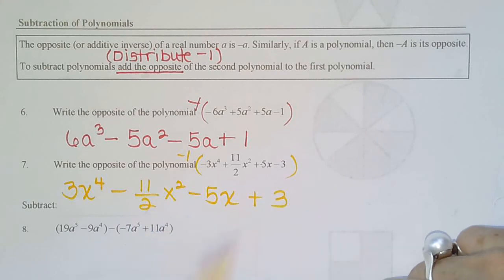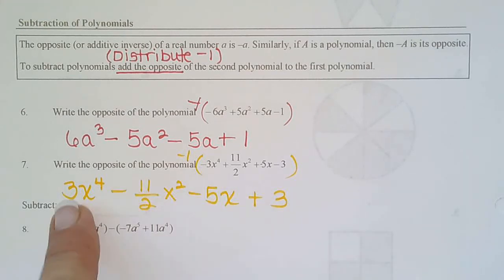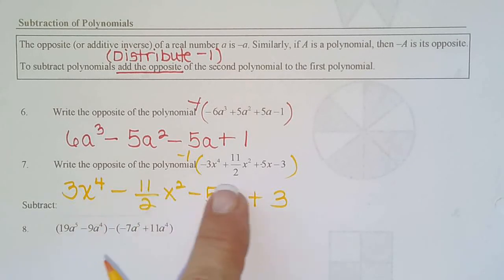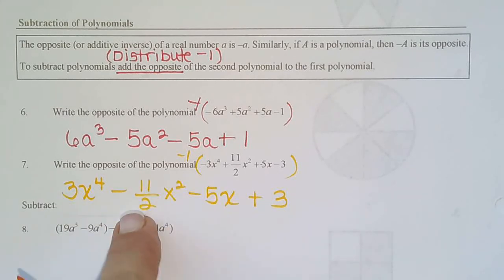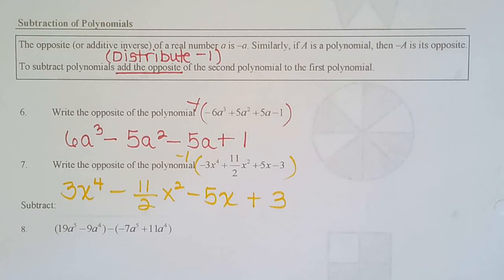So again, notice that doing the opposite, all it does is go in and change the signs from negative to positive, from positive to negative, positive to negative, negative to positive. That's all opposite is, change the sign. Just like when we were doing perpendicular in the last chapter, all we did was change the sign and reciprocate. That's why it was called the opposite.